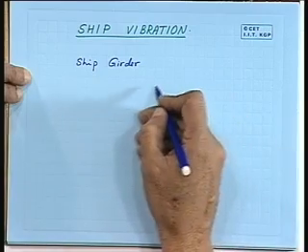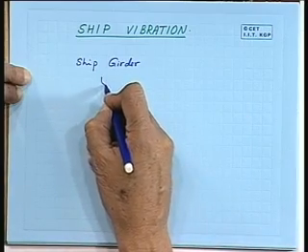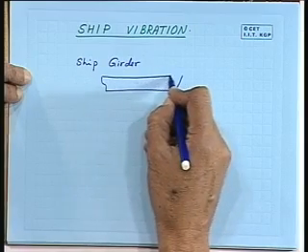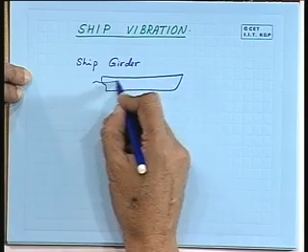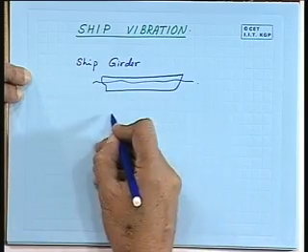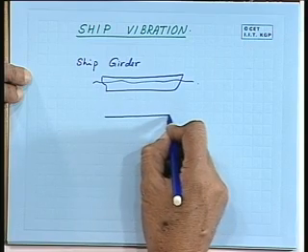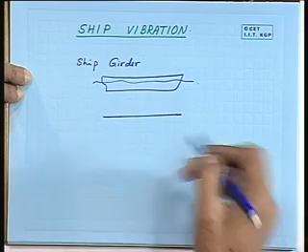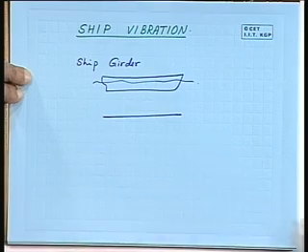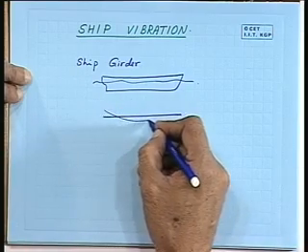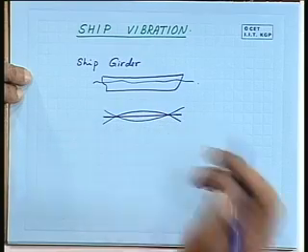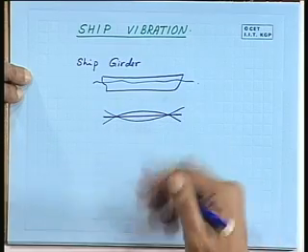And a girder, that means this is the ship which is floating in water, is represented by a unidimensional girder, and when we talk about the vibration, it either moves like this or it moves like this. It is a to and fro motion.